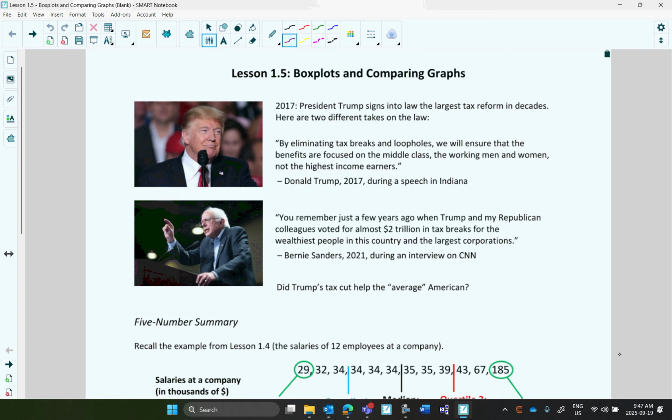Everybody's getting a tax break. Whereas the other party, Democrats, said no, the middle class or lower class are getting very small tax breaks, and it's the rich people that are getting all the tax breaks. So we're going to talk about that a little bit later when we compare a couple of graphs.